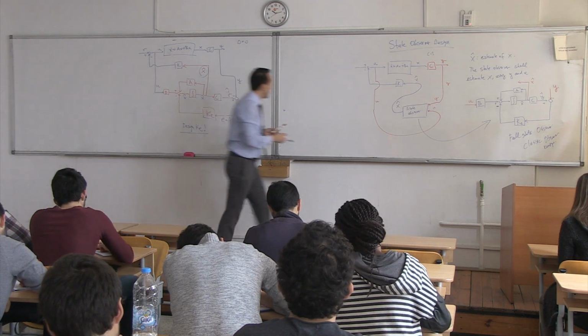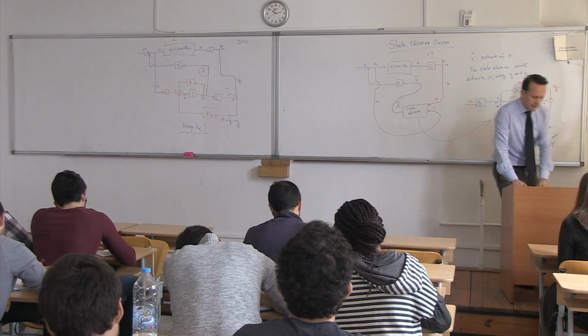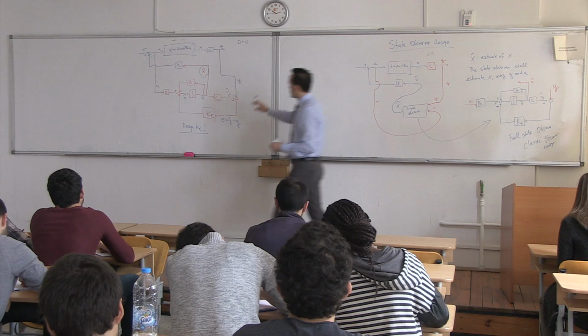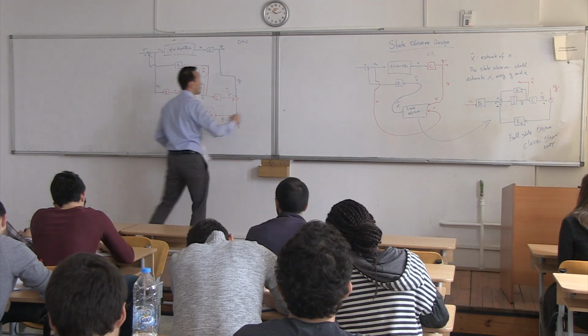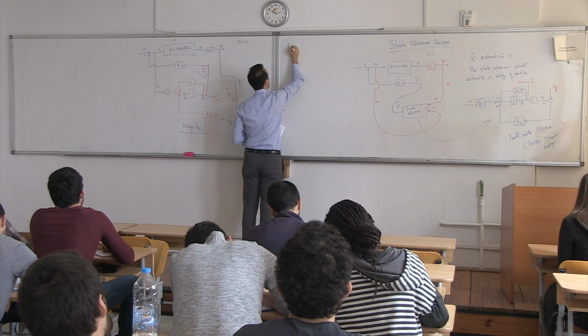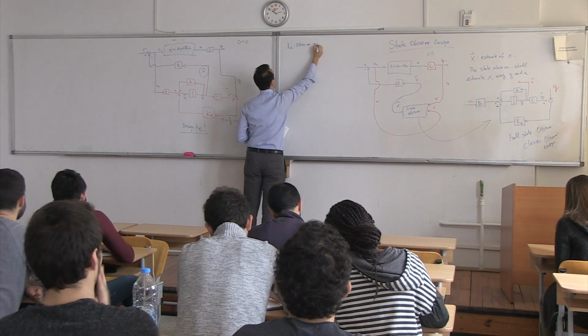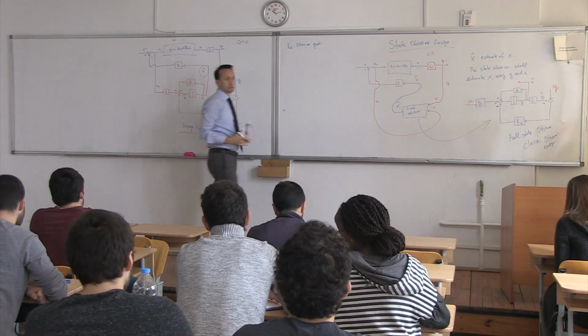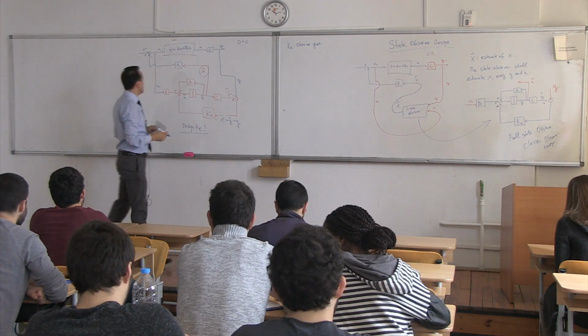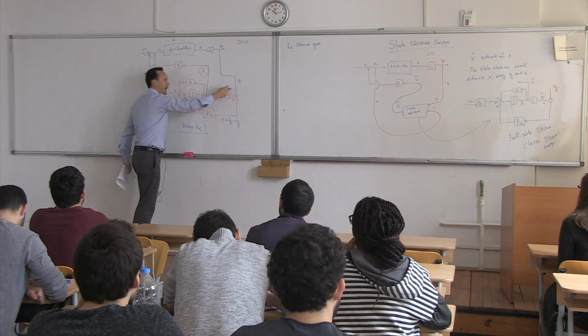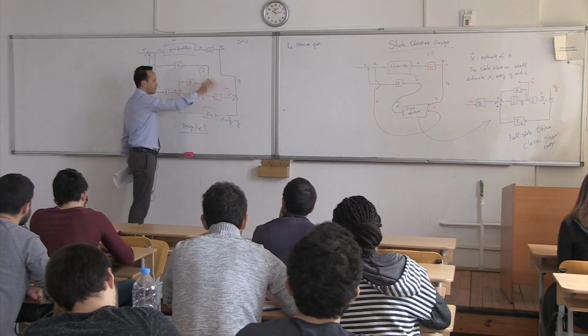All right, so let's write down the equations and see what we get. This is what we call an observer. KE is called the observer gain. Okay? So, this hat is an estimate, y hat is an estimate of y, so it is not exactly the same, and so on and so forth.